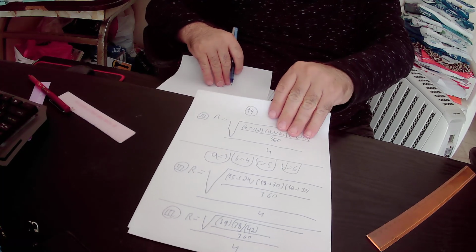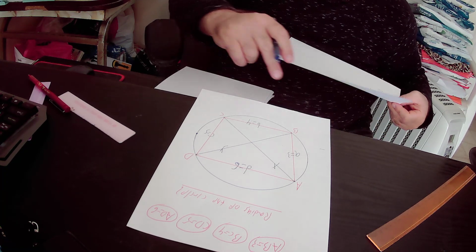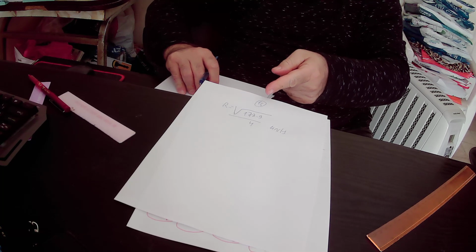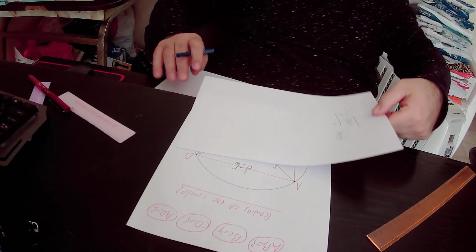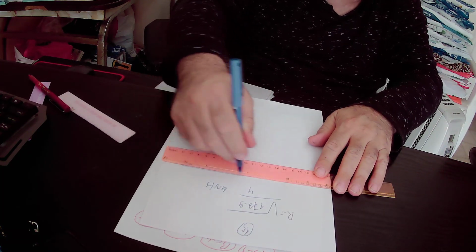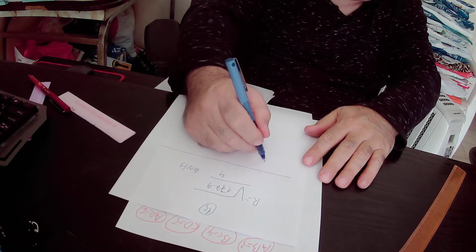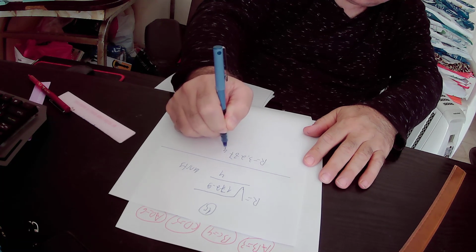So we actually found out that the radius of this circle equals the root of 172.9 over 4 units, or in terms of numbers, the radius of this circle equals 3.287 units.